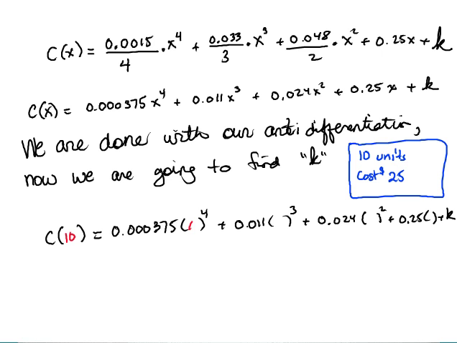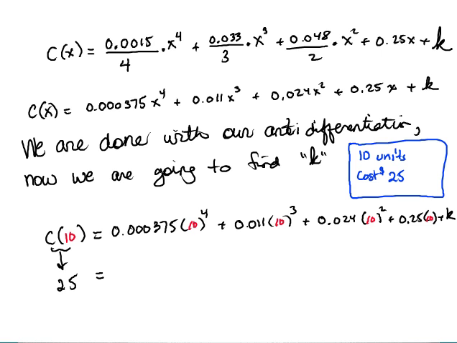Now I got to do a lot more math. Thank goodness for calculators, otherwise I'd have to be using my slide rule. And I don't know what K is. This value is 25. The cost to produce 10 units is $25. 10 to the 4th times, I should be able to do this. Actually, 10 is quite easy to compute with.